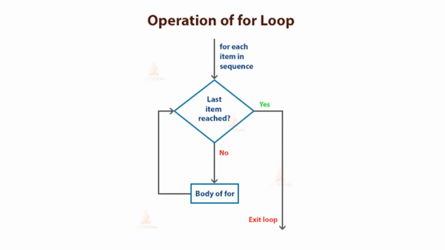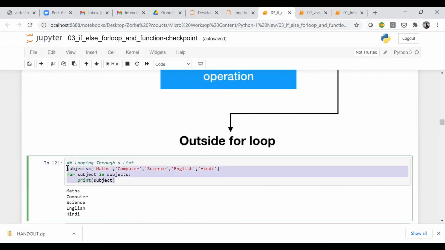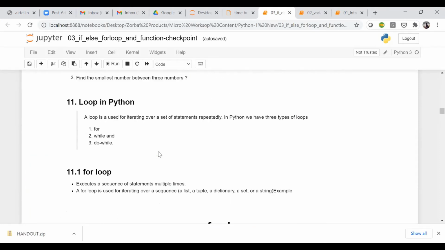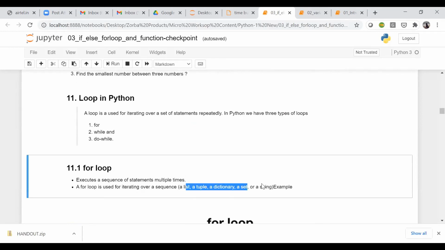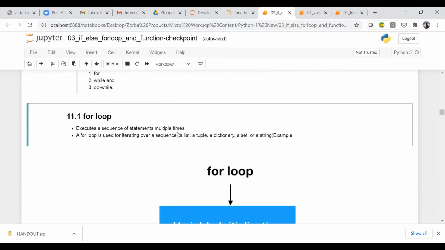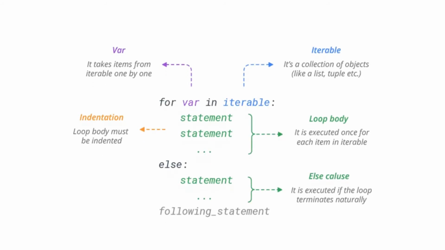A good way to understand this is using an example. So let's say you have a list called subjects, right? You want to loop through a list. As I told you, your loop can run on any sequence: a list, tuple, dictionary, set, string, whatever. Right now we're going to iterate over a list.